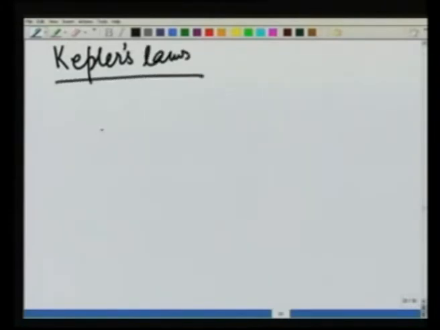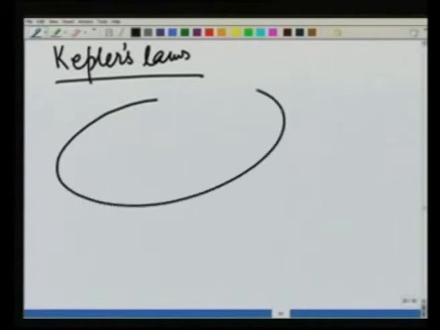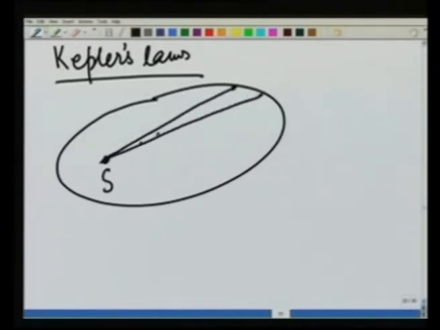Let me just show it to you. You are all familiar with Kepler's laws, and one of them is when the earth is moving around the sun, or any planet is moving around the sun, in equal time they cover equal areas, and this is nothing but a manifestation of the conservation of angular momentum.